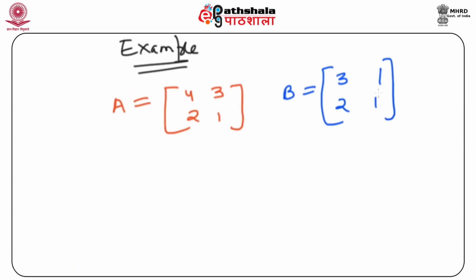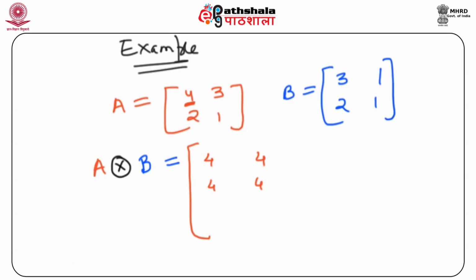So in this case, the direct product of A with B will be given by the following. We take the first element of A, from the first row and first column, and write it at these 4 places.